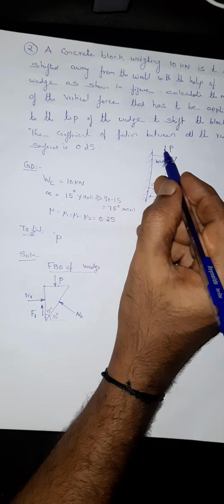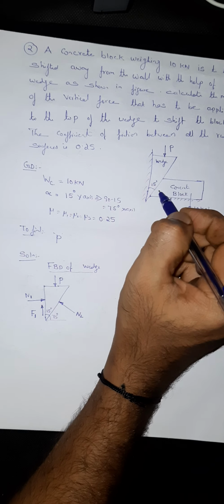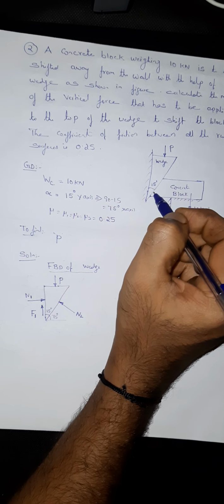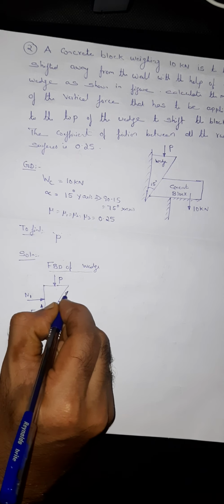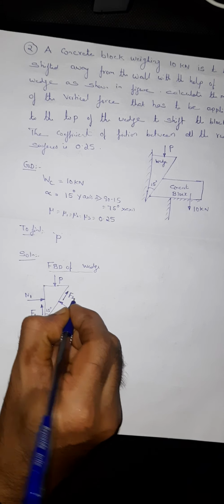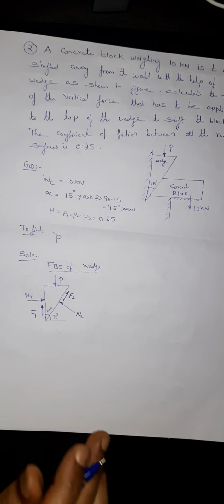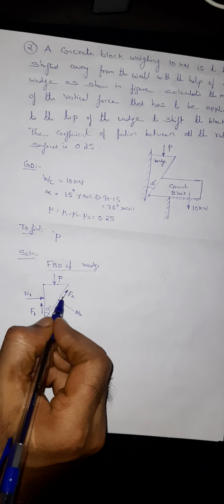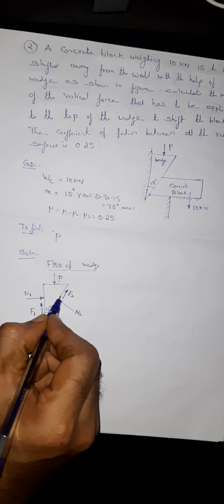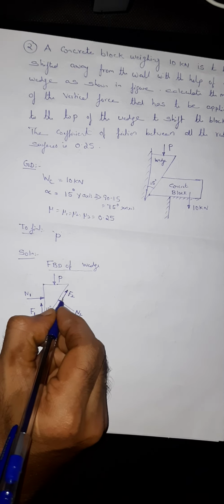When the wedge tends to move downwards by applying the external force, the friction will be opposite of the motion, right? Now how to find the angle? So this F2 is parallel to the surface of the wedge, therefore 75 degree, no doubt on that.